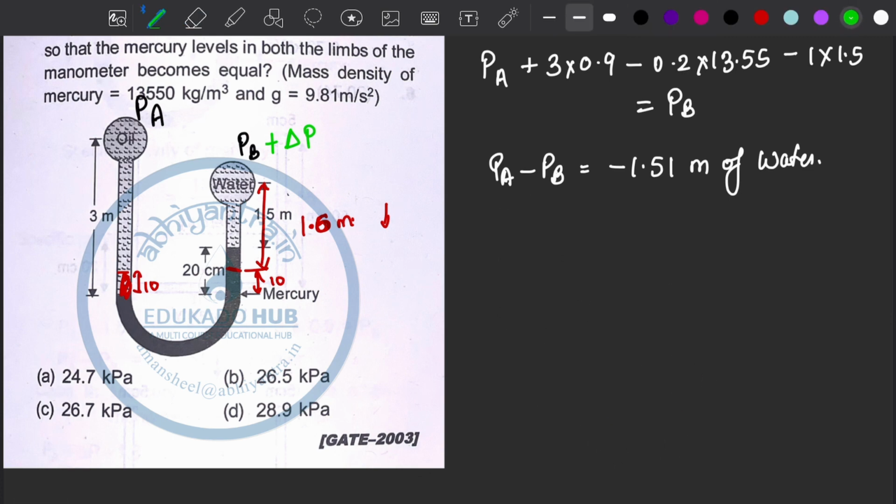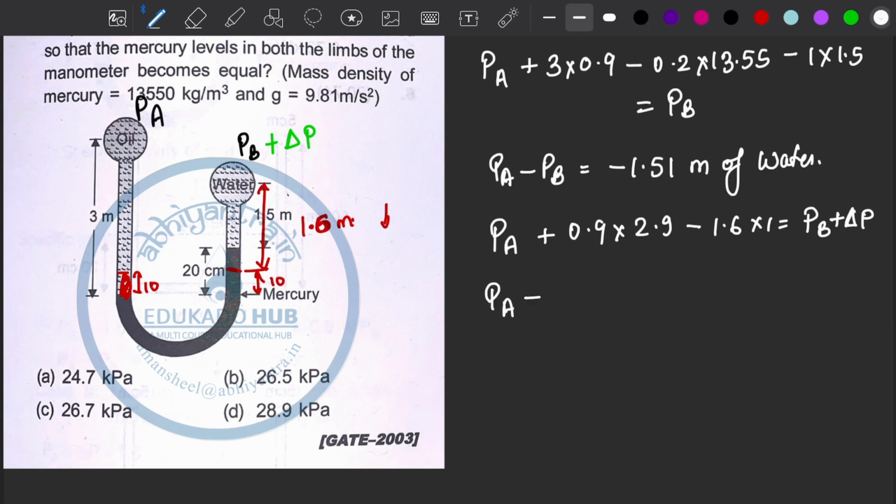So that thing will be PA plus oil specific gravity 0.9 into 2.3 minus 0.1, 2.9, right? 2.9 into 0.9, and other side it is minus 1.6 of water into 1, and the pressure is PB plus del P, right?